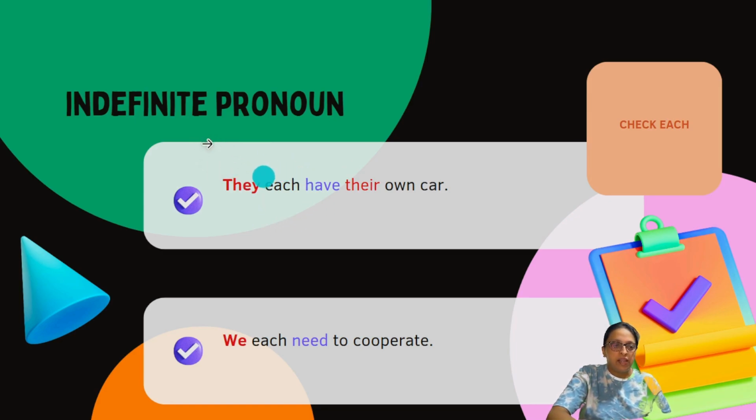We have taken each here after they. Each is a pronoun here, which comes after they. And because they is a plural subject, we have taken a plural verb here. And we have also taken another plural pronoun here, their. We are not saying his, because the subject is they. Therefore, accordingly, we have to change the pronoun.